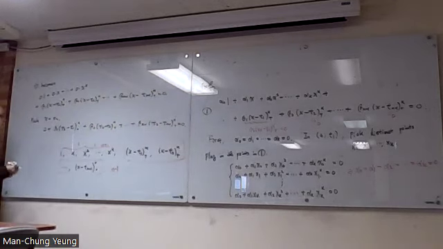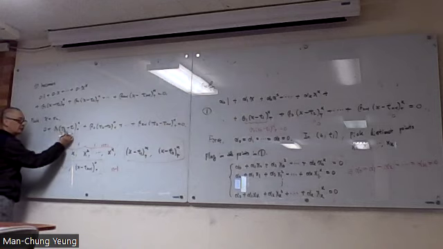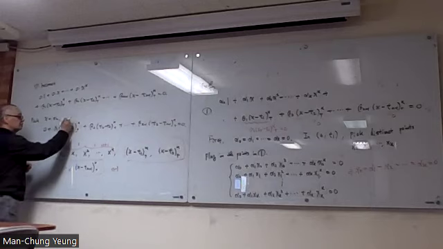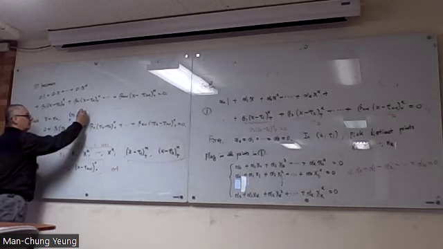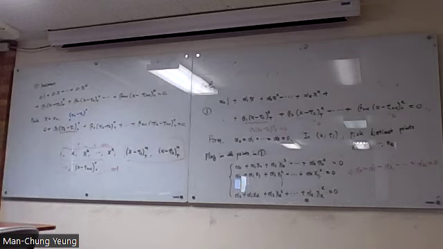Now, by definition, you need to always remember the definition of the truncated function. This is equal to (t2 minus t1) to the power k. How about this?